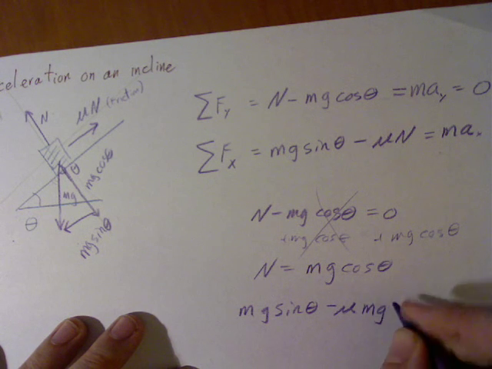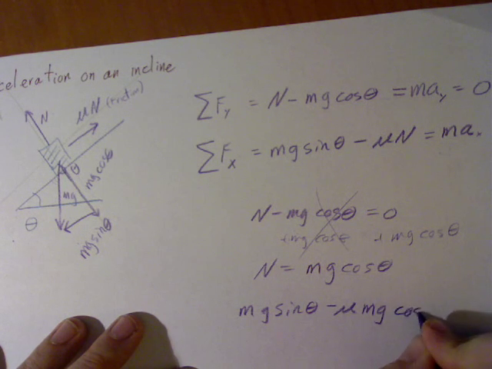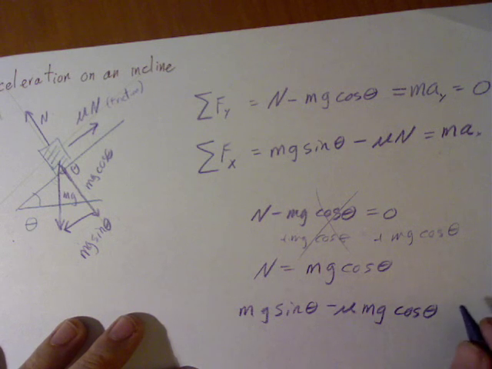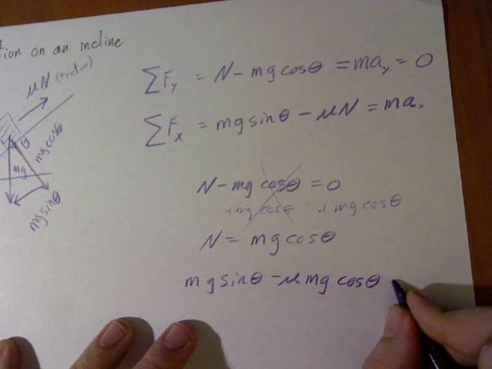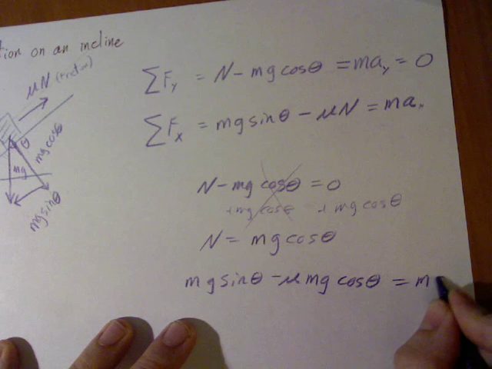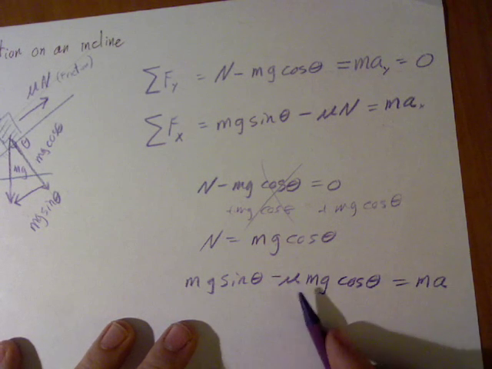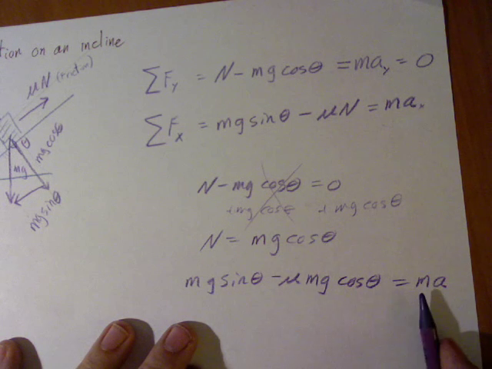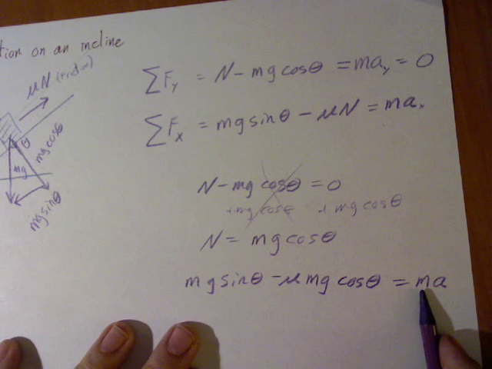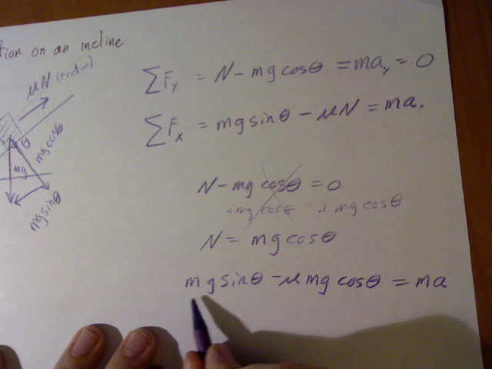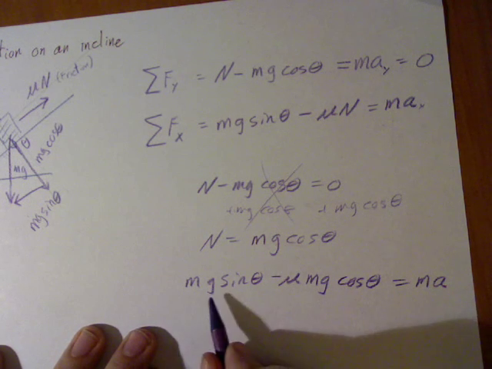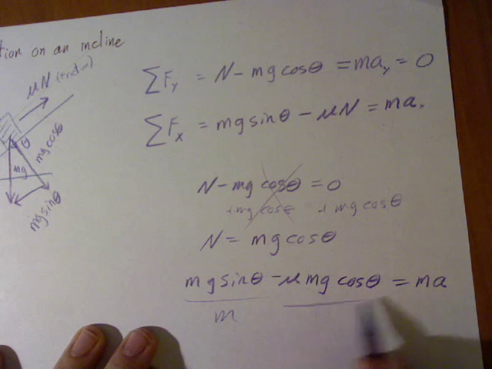This will make it much easier, actually. Cosine theta equals mass times acceleration. M is our mass, but you know what? It turns out we don't need it. It doesn't matter at all. So we could divide both sides by m.